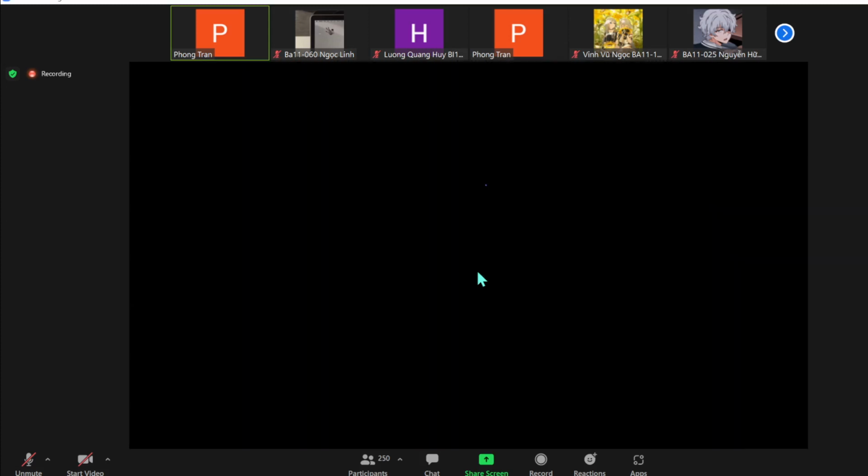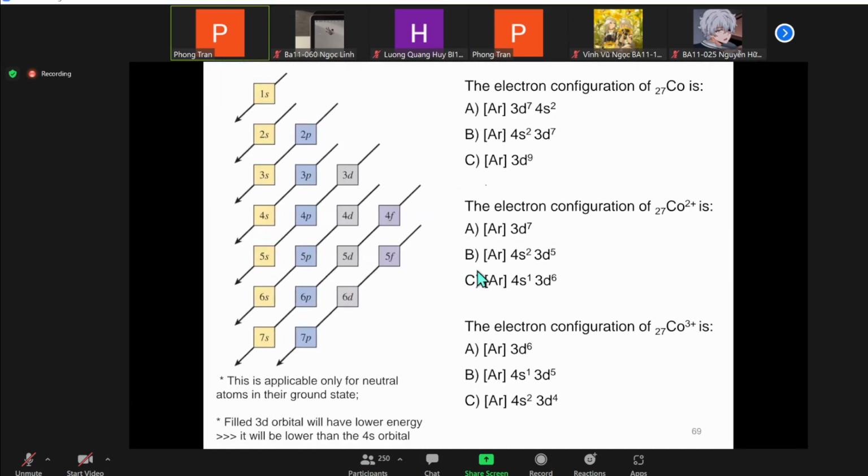Next, to practice a bit. First question, what is the electron configuration of cobalt? Can you comment?